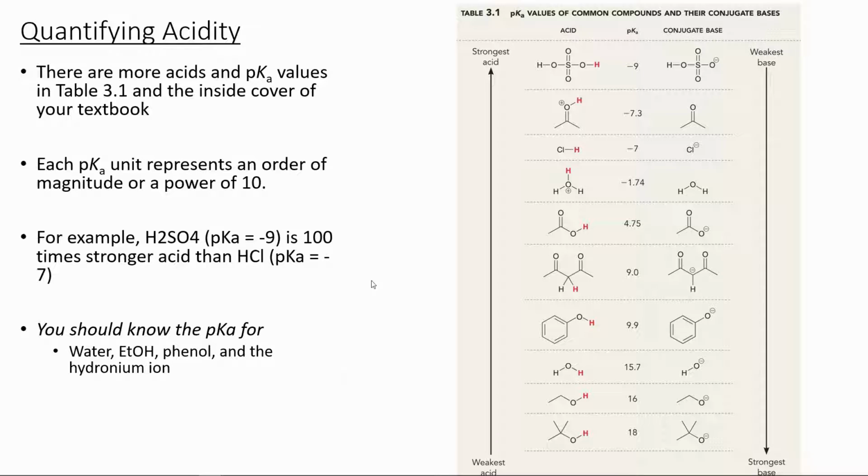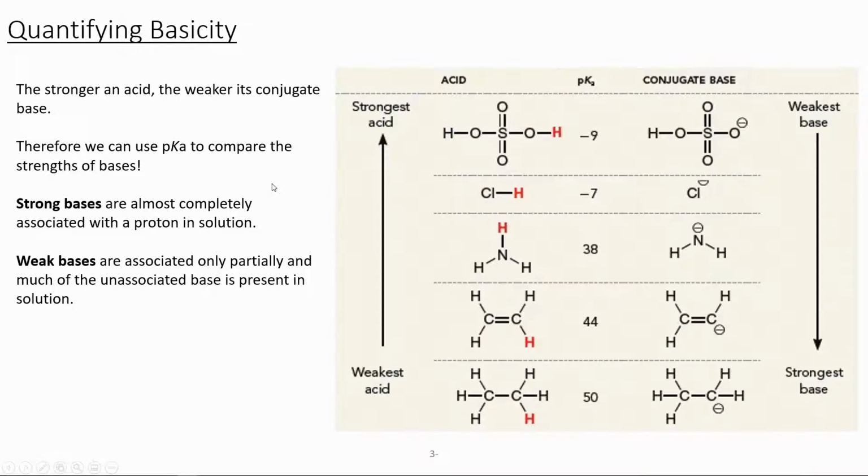You guys should memorize the pKa values for water, ethanol, phenol, and the hydronium ion, as points of reference to compare the rest of the acidities to. The stronger an acid we have, the weaker its conjugate base.